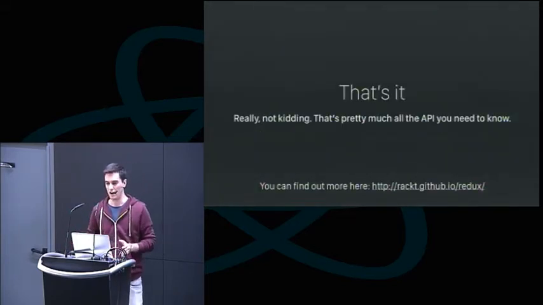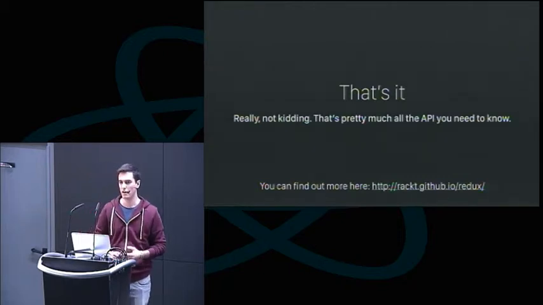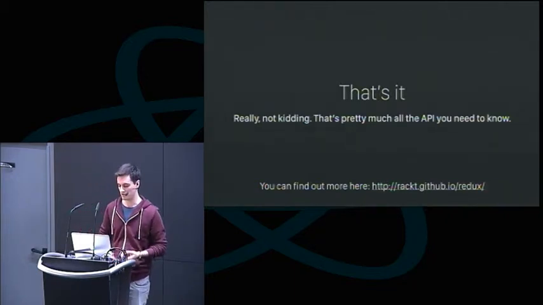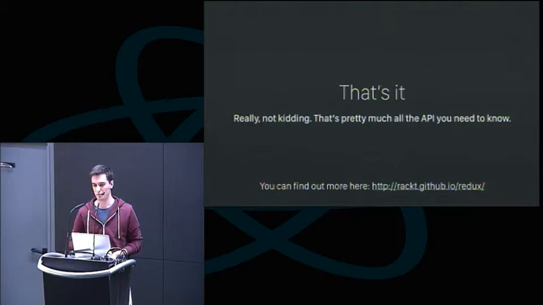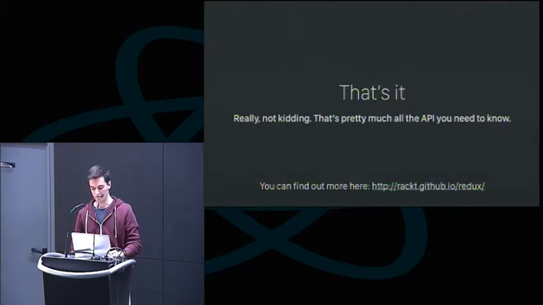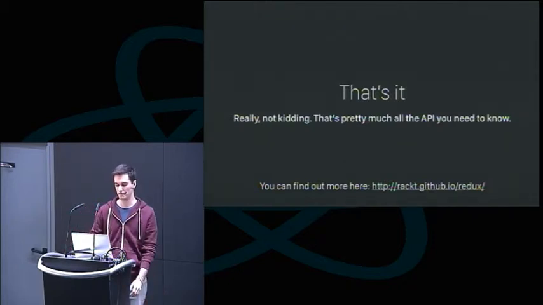That's really all the API you need for Redux. There are also middlewares for the store, but we won't discuss that. But it's also more function composition. So you have all the information on the API here in the official documentation.